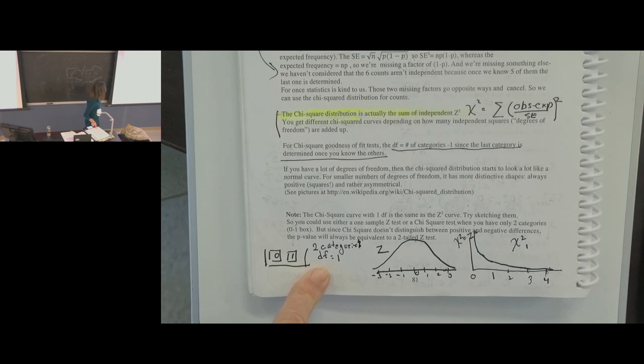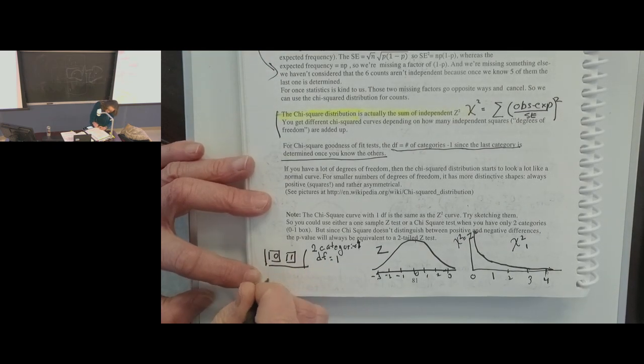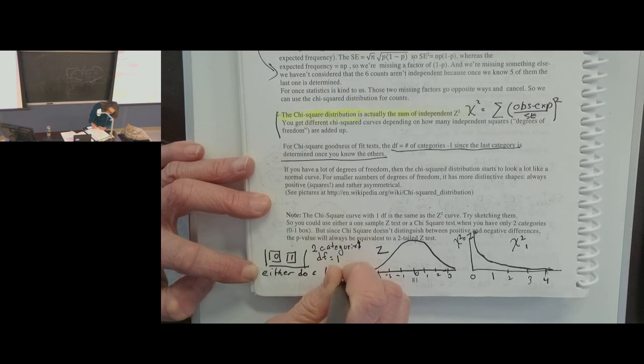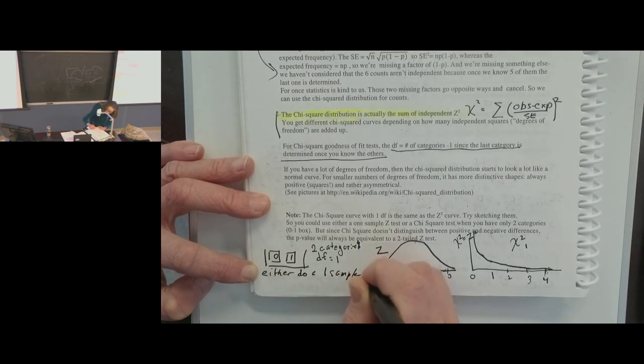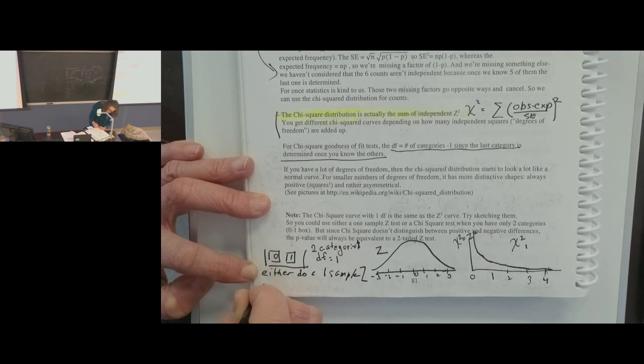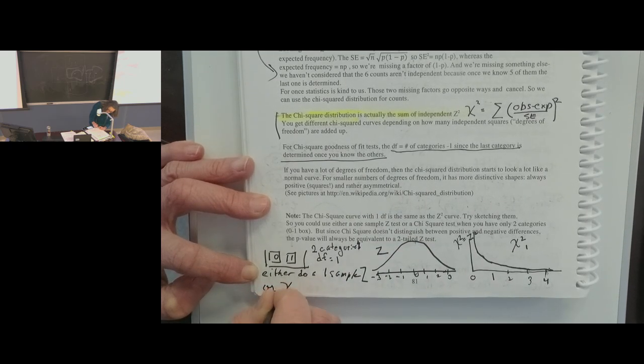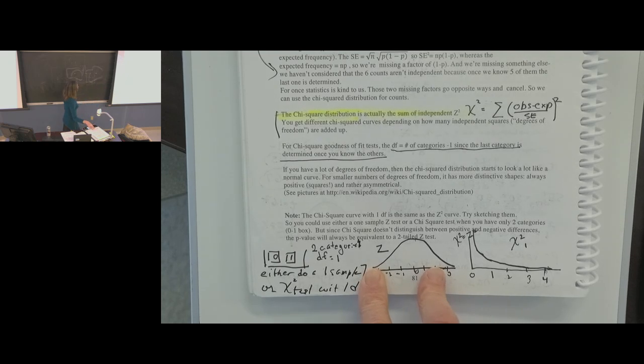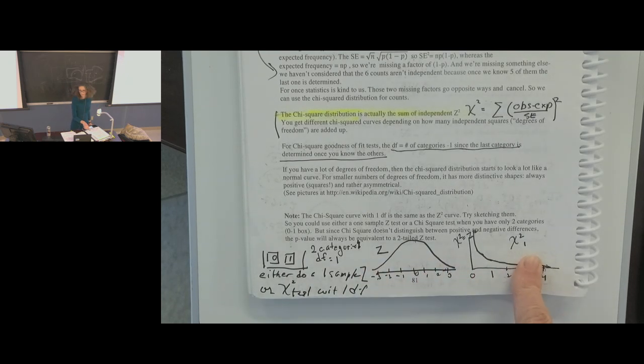So in this case, we could either do a 1 sample z-test, or a chi-square test with 1 degree of freedom. But you wouldn't be able to tell. There's no direction on chi-square tests. You wouldn't be able to tell.